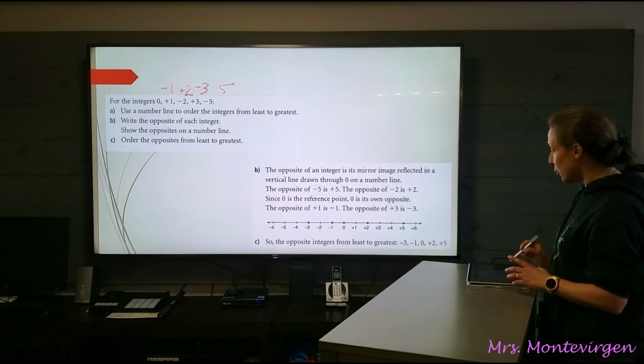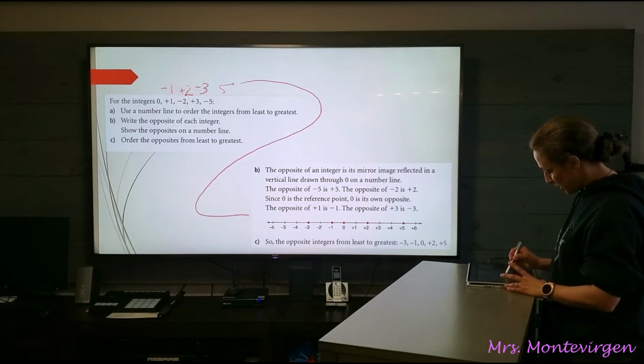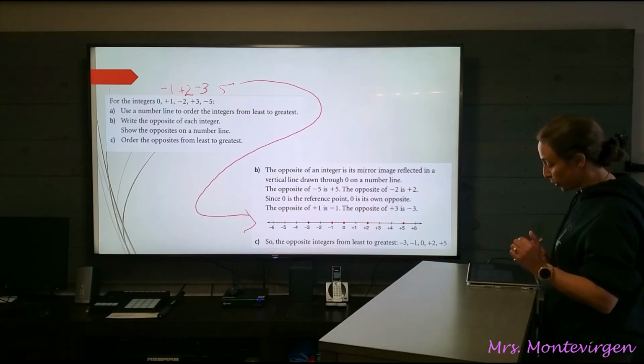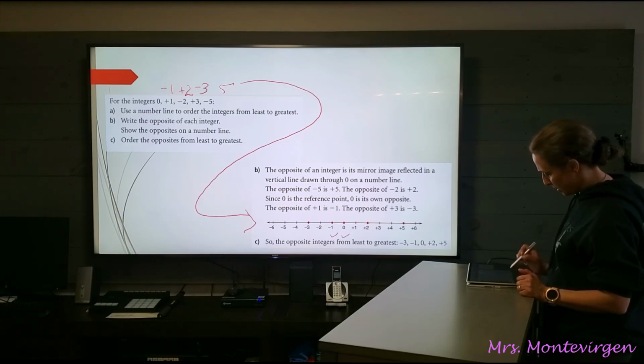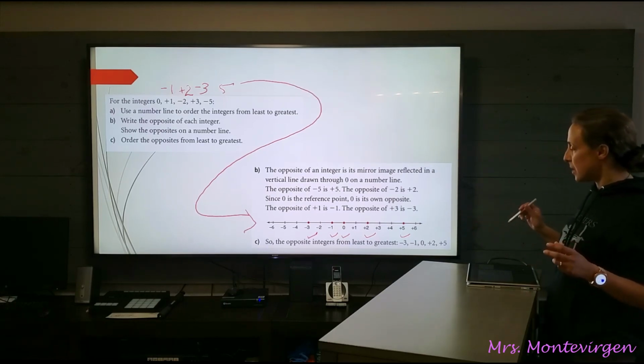Now, if I take a look here, do I see all of these numbers on this number line? I actually do. Okay, and again, we're going to go through and double check. So 0 is indeed here. The negative 1 is here. The positive 2 is here. The negative 3 and the positive 5. So again, all of those numbers are shown there on the number line.